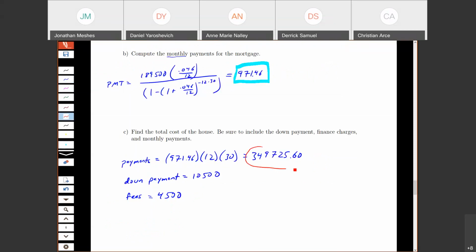If I add up these three numbers to get my total cost, I get $364,725.60.